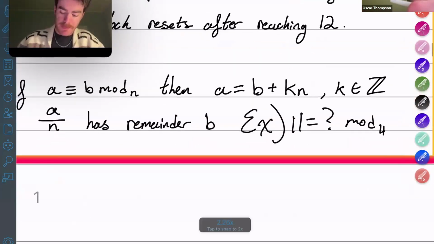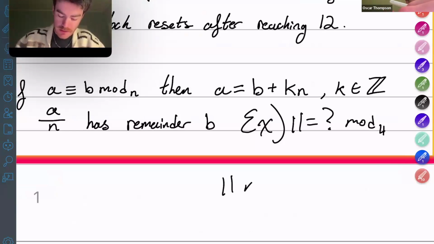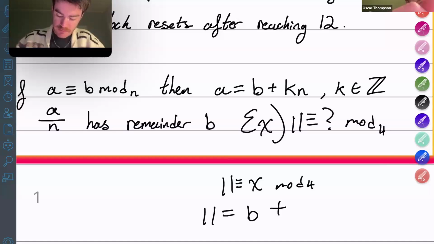So let's figure out 11 is congruent to something mod 4. We break this down into 11 equals some b plus some k times 4.